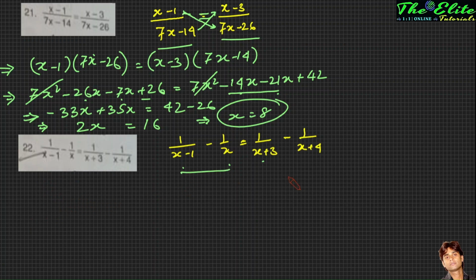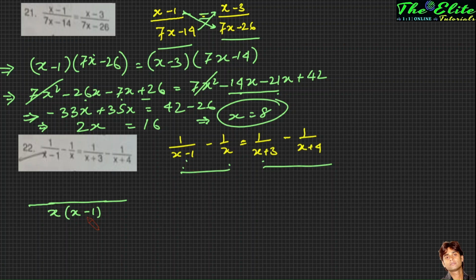Okay, for question number 22, the same process you will do. Take the left hand side terms and right hand side terms, considering these two terms as fractions and these two terms as fractions. What we had done in the addition and subtraction of fractions, the same thing we will be doing here. So on the left hand side, if I take, it will be x into x minus 1 as an LCM for these two numbers.